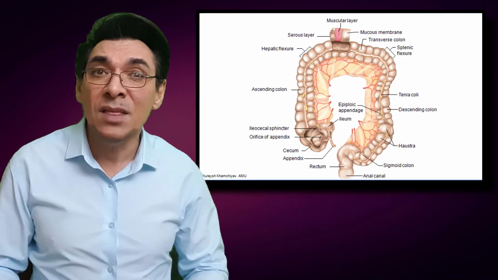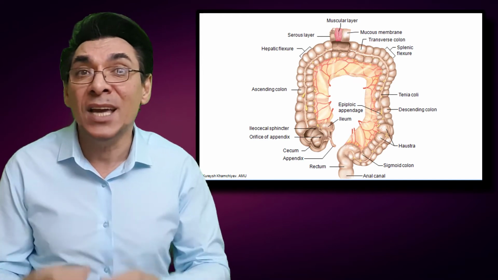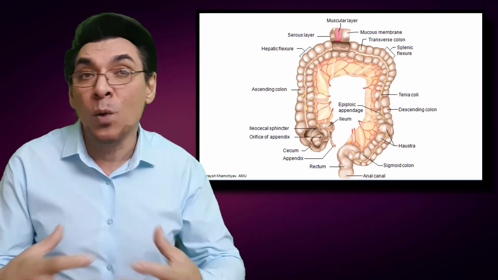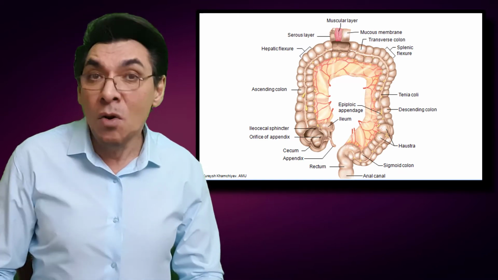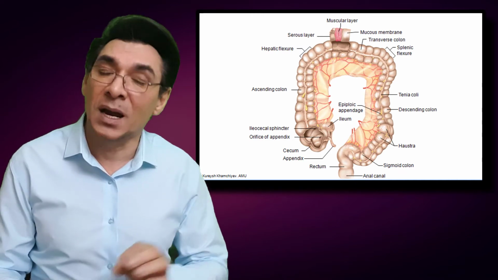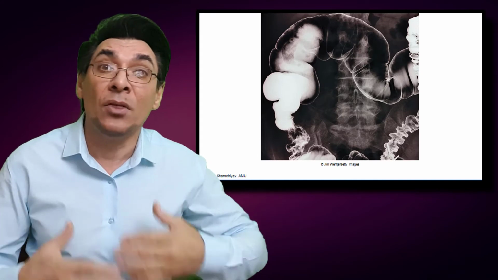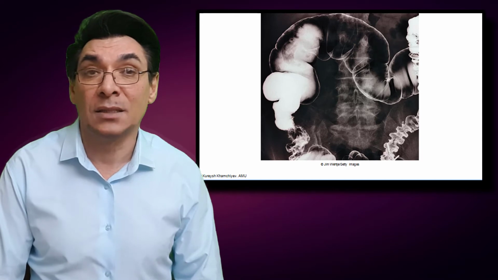Feces distend the rectal wall and stimulate the defecation reflex, which involves local and parasympathetic reflexes. Local reflexes cause weak contractions, whereas parasympathetic reflexes cause strong contractions and are normally responsible for most of the defecation reflex.